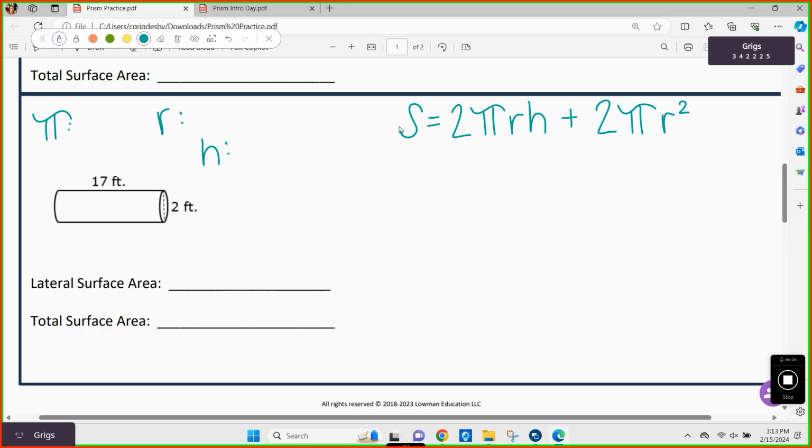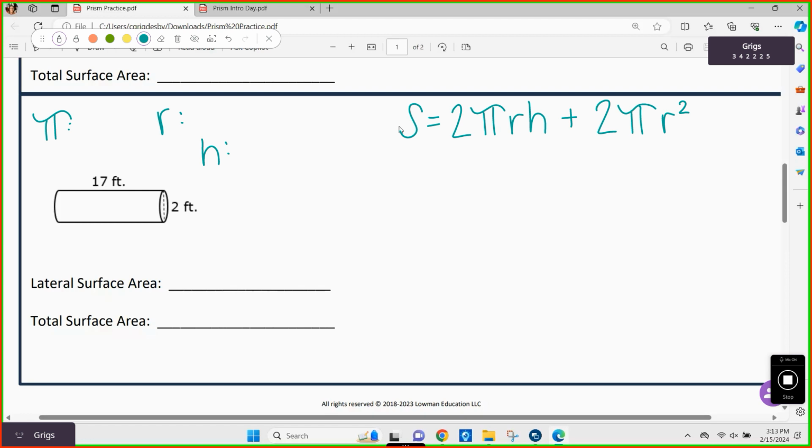I forgot what that's for. Radius is half the circle. You said it out loud.